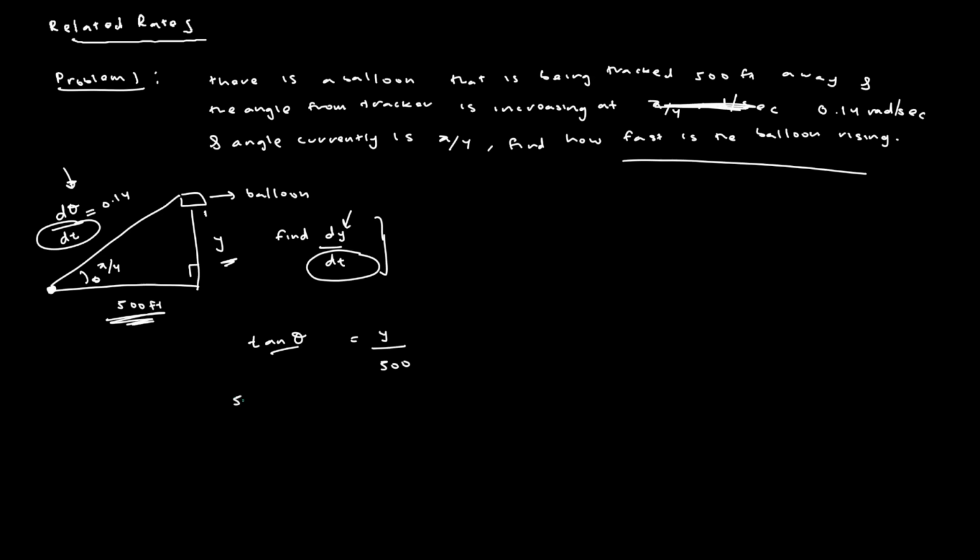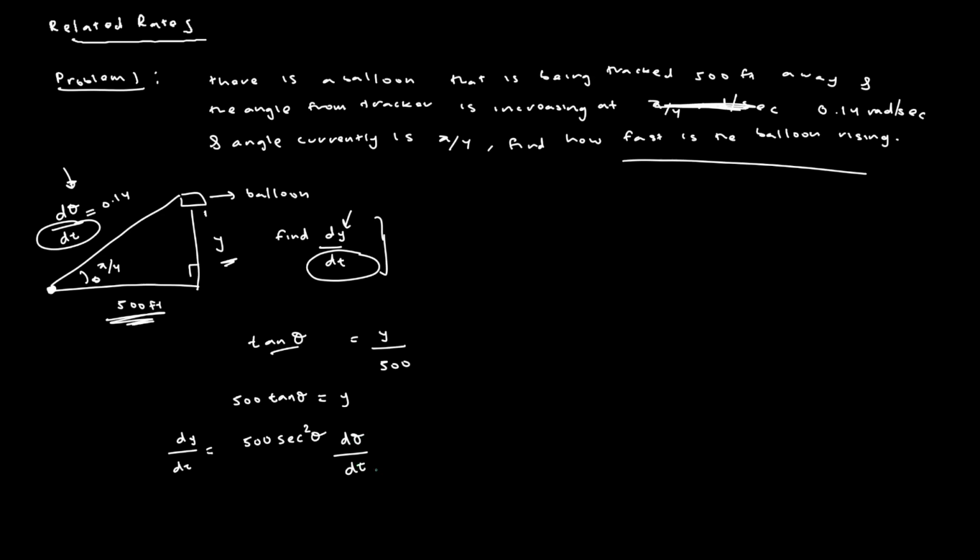If I rewrite this as 500 tan theta is equal to y, we differentiate with respect to t, because that's the common underlying thing that ties all of this problem together, because everything is changing with time. Finding the derivatives of everything with respect to t, we get dy over dt is equal to 500 times secant squared theta, because that's the derivative of tangent theta, times d theta over dt, because that's how theta is changing with respect to time.